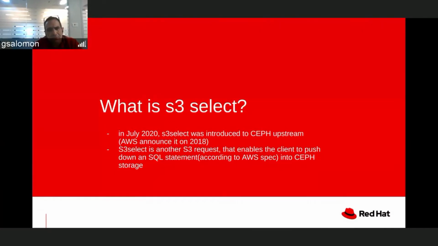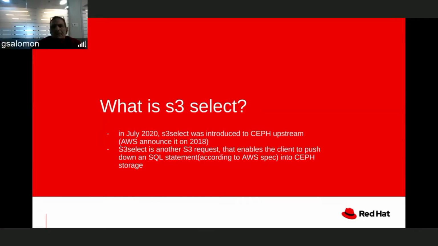The SQL that we are using there is according to AWS spec. The S3select is a new S3 capability designed to pull out only the data that you need from the object. It can dramatically improve the performance and reduce the cost of application that needs to access data in S3.